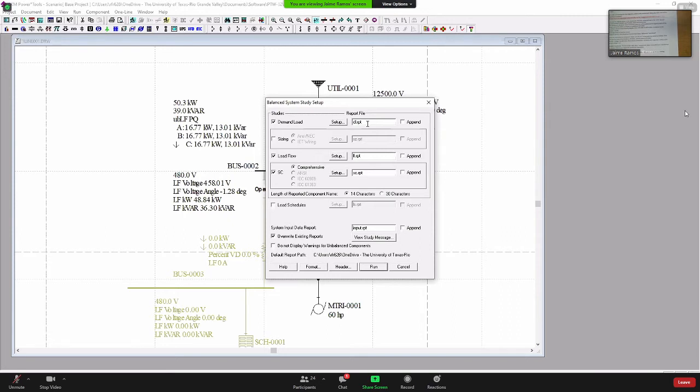There is going to be a created report file for DL, demand load, another one for LF, and short circuit RPT. So these are text. Okay, so then we run.